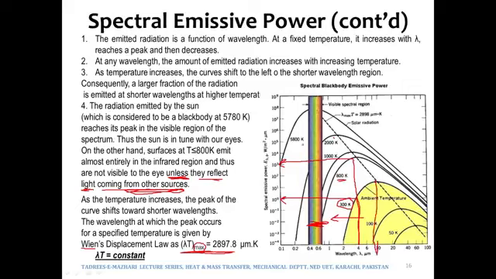However, if a body is at higher temperature, let's say 2000 Kelvin, then its peak would occur at lower wavelengths, such that the product of the two, lambda and T, remains constant, and that constant is 2898 micrometer Kelvin, where micrometer is the unit of wavelength lambda and Kelvin is the unit of absolute temperature. This simple expression is Wien's displacement law.